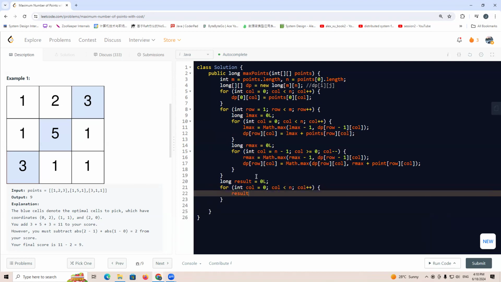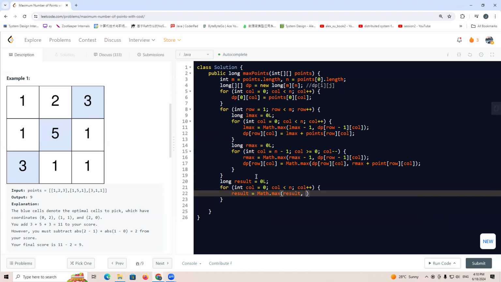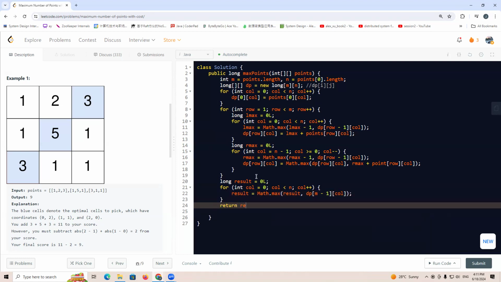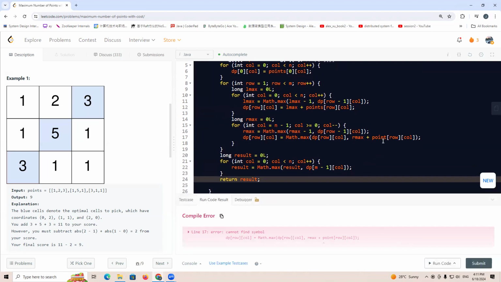And the result should be Math.max of result and dp m minus 1 column, right? And in the end we return result. Doing like this, the time complexity will be m multiplied by n.